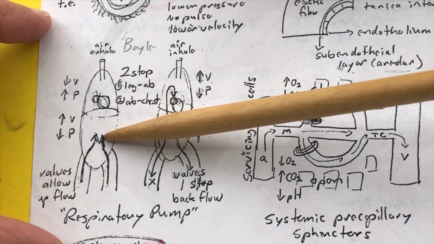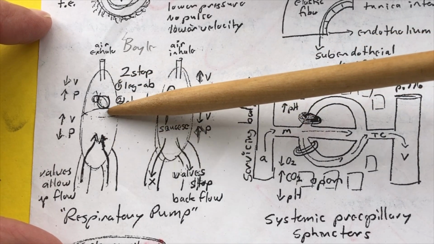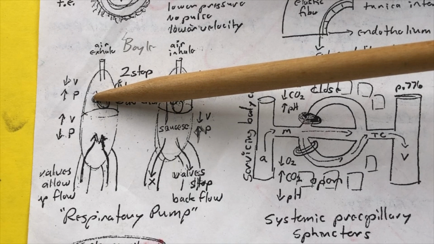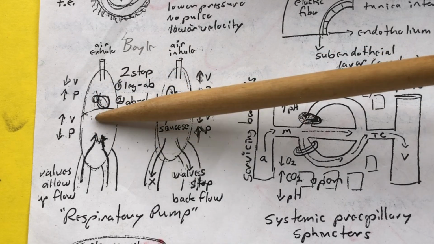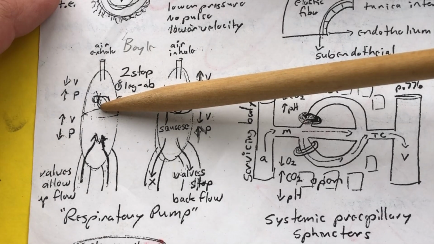So the next moment of time, we said that when the chest becomes smaller, when a person relaxes the diaphragm, it goes up, and the pressure in the chest goes up, blood won't move from the chest down into the abdomen because the blood already made it into the right atrium to the right ventricle.